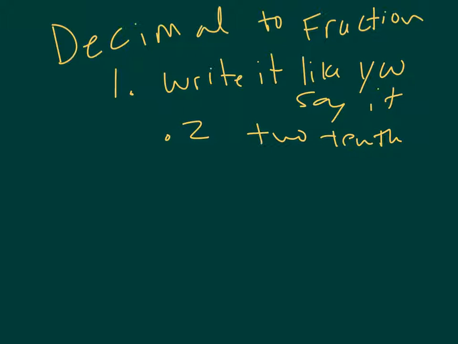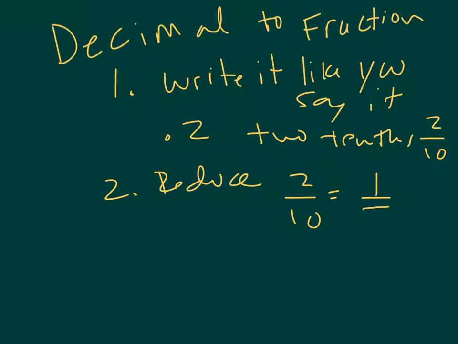Second step would be to reduce, because it's going to be a fraction. So 2/10, reduce that, we all know is 1/5. So decimal to fraction is write it like you say it, and then just reduce.